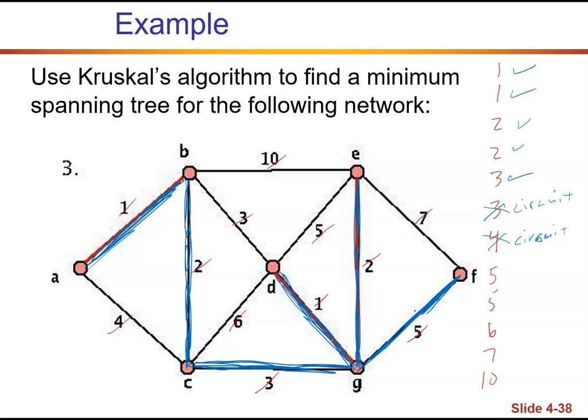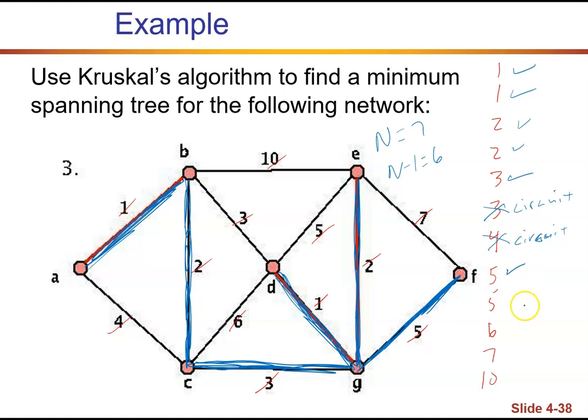We've hit every vertex. Okay, how many vertices are there? Well, we've got 1, 2, 3, 4, 5, 6, 7. So we should have n minus 1. We should have 6 edges. And do we? 1, 2, 3, 4, 5, 6. We sure do. So we are done. Add all those up. So we chose all of these plus a 5.